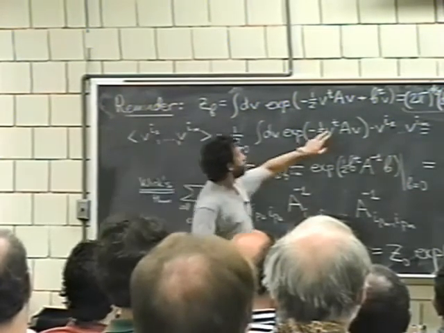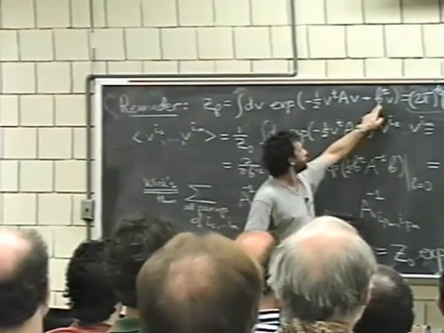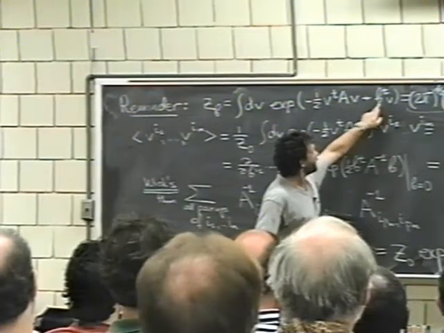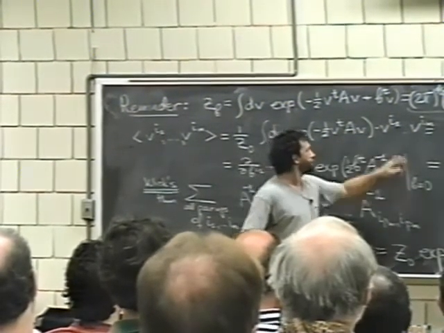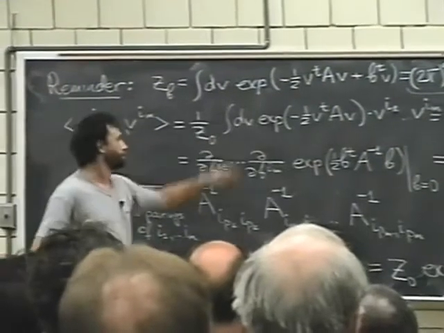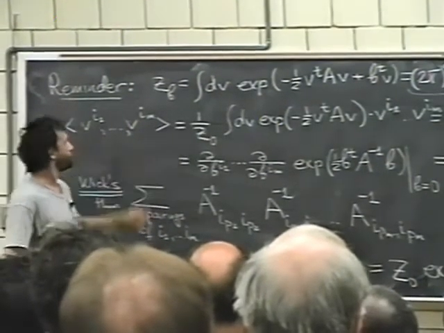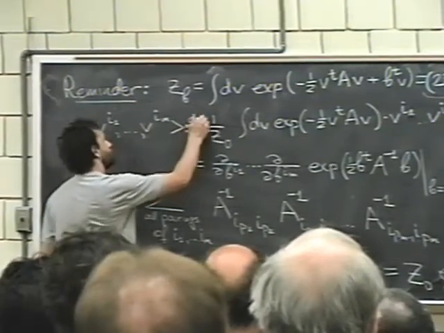Namely, just notice that if I would take the derivative of this exponent by b_i and evaluate it at b equal to 0, that would give me just v_i downstairs under the integrand. So this here is the definition.